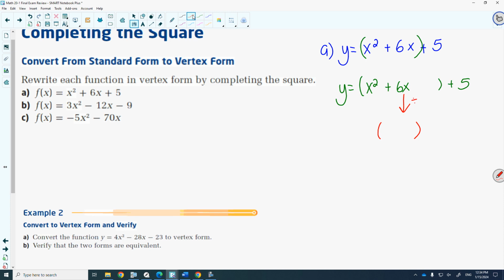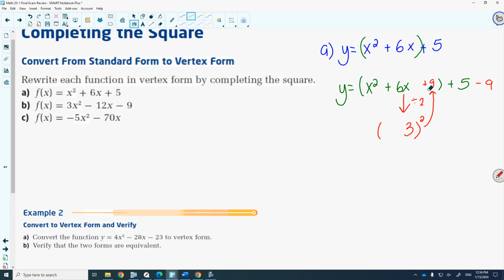So you divided the coefficient by 2, and you're going to get 3. When you square 3, you will get plus 9. And then remember what I've done is I've just added 9 to this equation. You can't just decide to add 9. You need to balance it by subtracting 9.